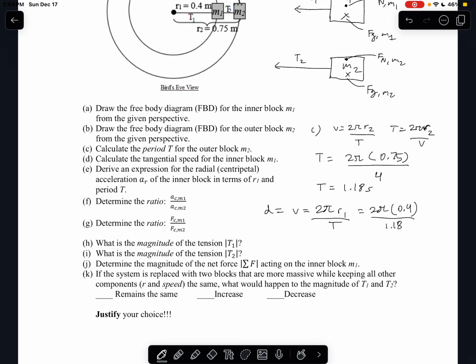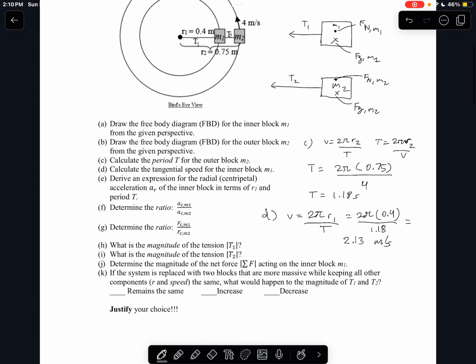Oh, this is part D, by the way. So you should get about 2.13 meters per second, which makes sense because since it has less radius, the velocity will be less.